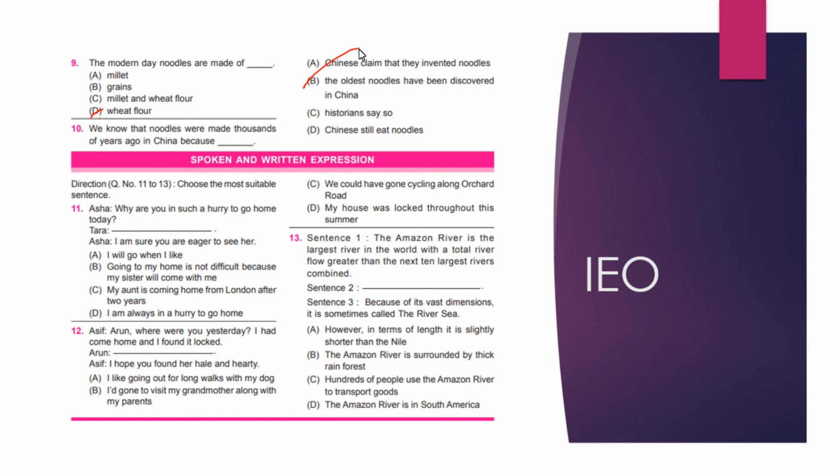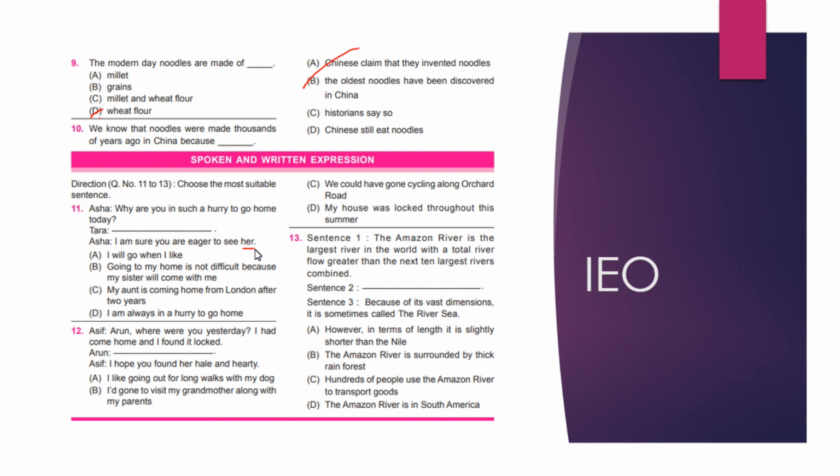Now spoken and written expression. Asha, why are you in such a hurry to go home today? Tara, what is Tara's reply? I am sure you are eager to see her. See her is given. So what it might be? You should think. I will go when I like. No, that is not. Going to my home is not difficult because my sister will come with me.